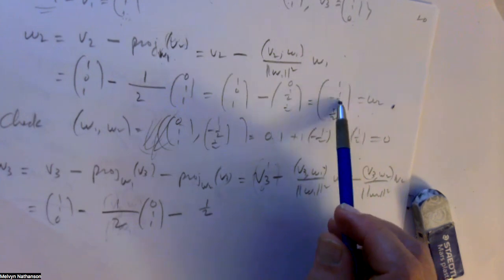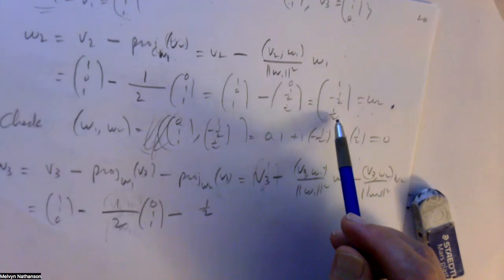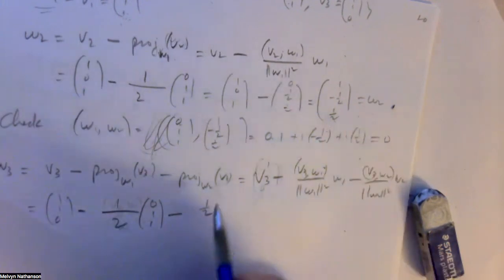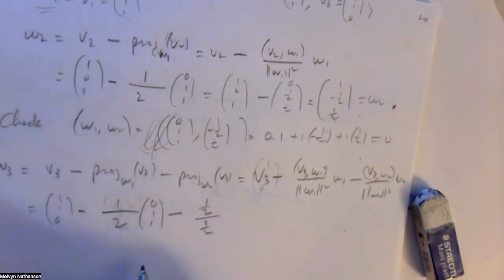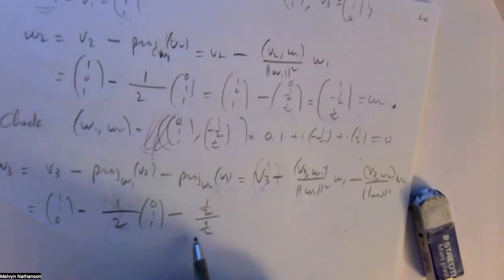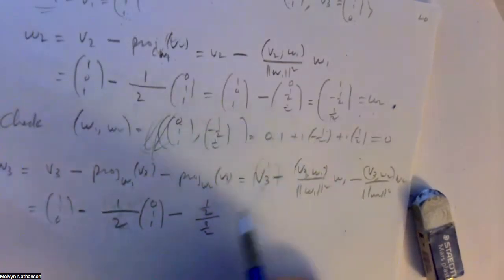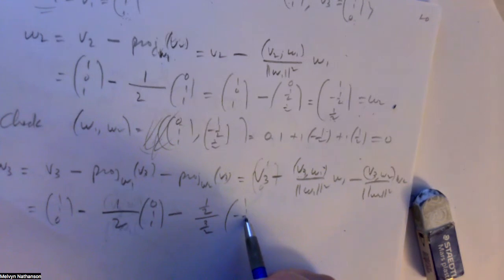W2 squared, when I square it, I get 1 plus a fourth plus a fourth. That's 3 halves. So it's 1 half over 3 halves times the vector W2, which is 1, minus a half, a half.